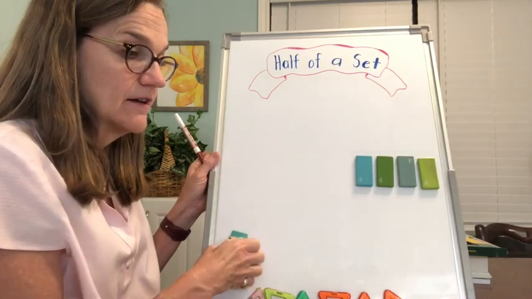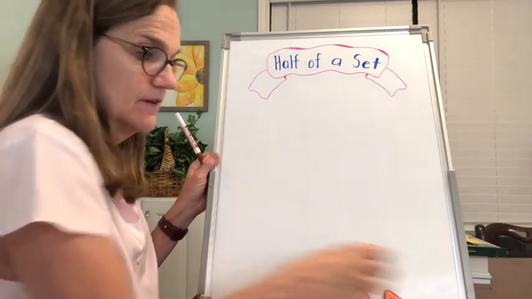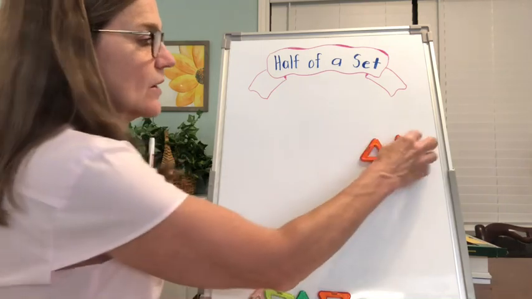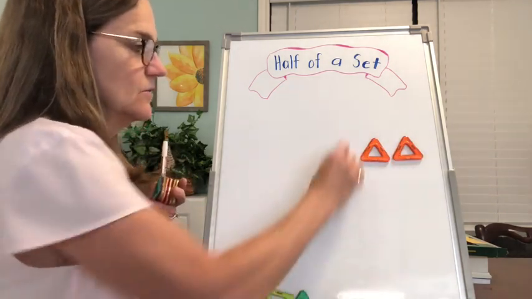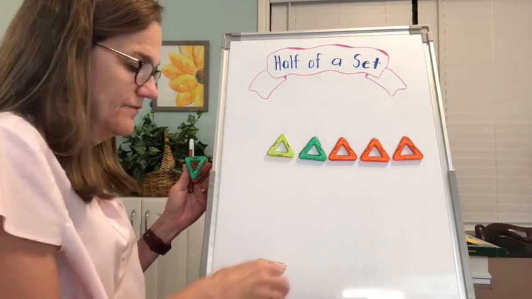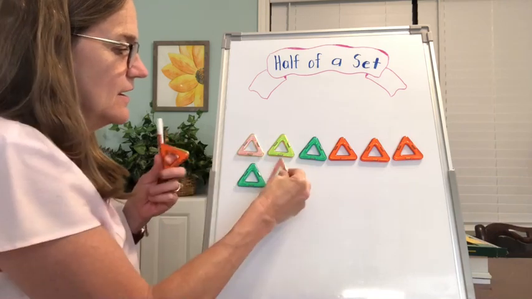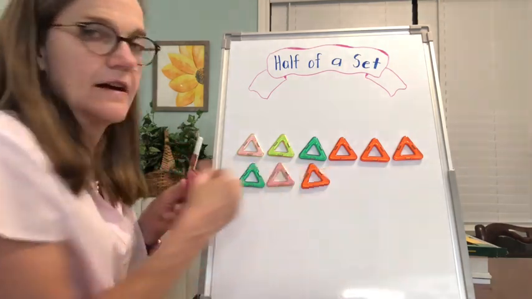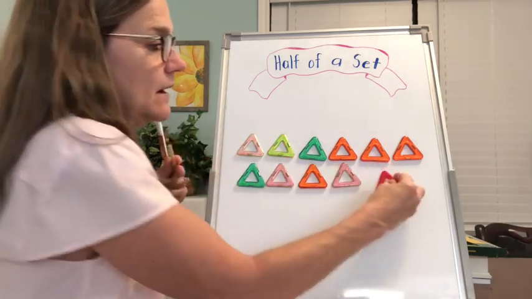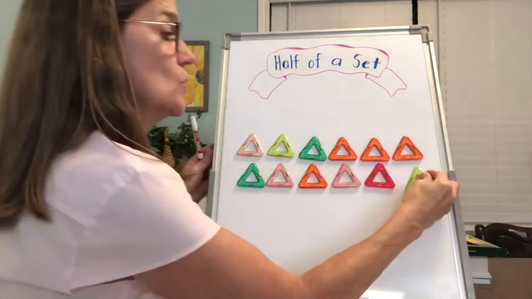Let's try sorting some other objects. Let's put our triangles back up, and I'm going to add some more. Okay. Let's count them. 1, 2, 3, 4, 5, 6, 7, 8, 9, 10, 11, 12.